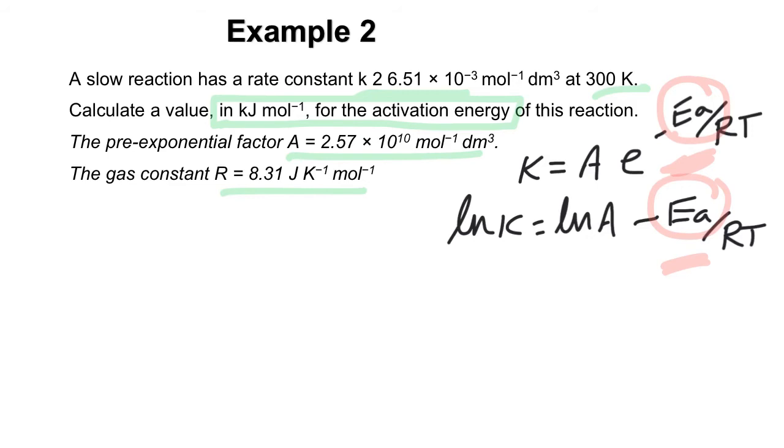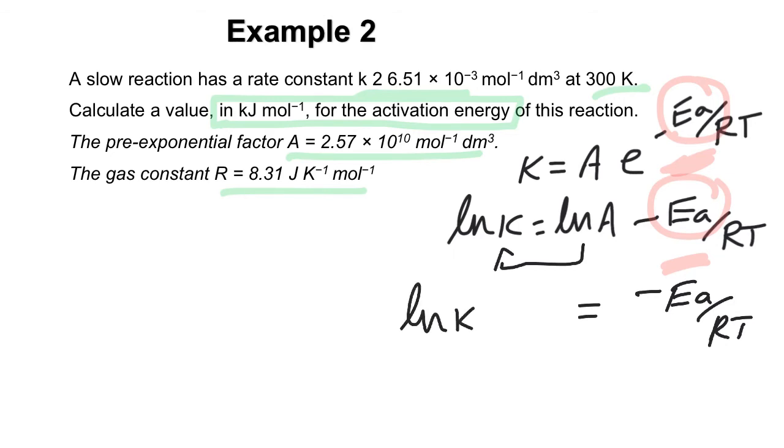You want EA, so you can rearrange it like so: minus EA over RT equals, I'm bringing this ln A to this side and it becomes negative, so ln k minus ln A. Then you have a negative symbol here, so bear that in mind.